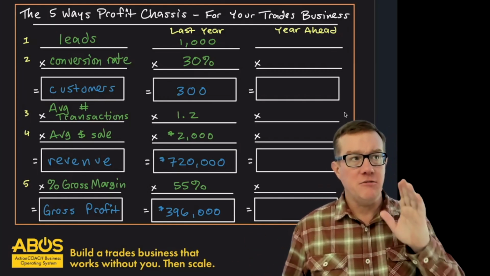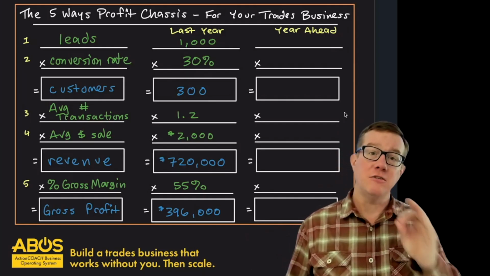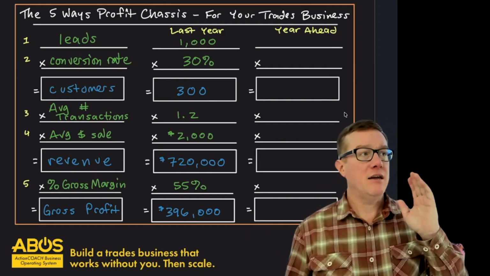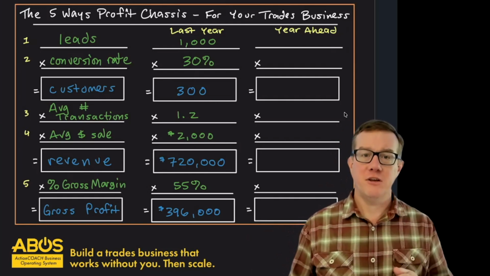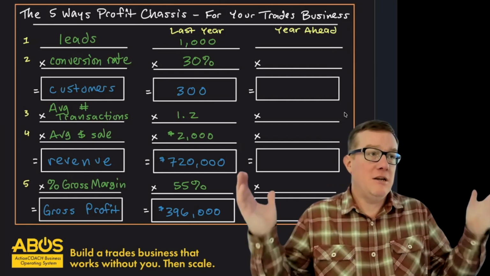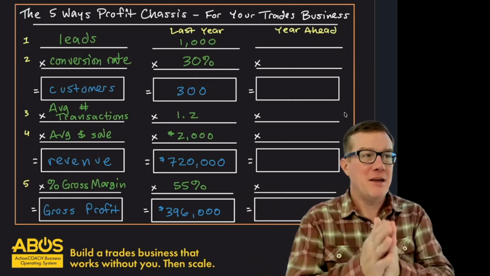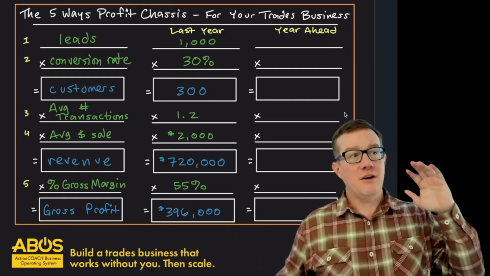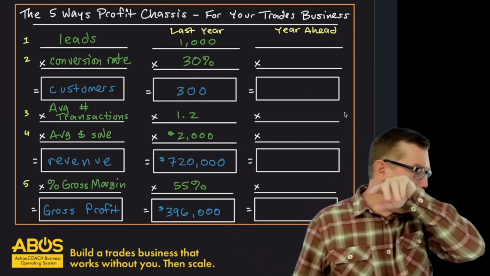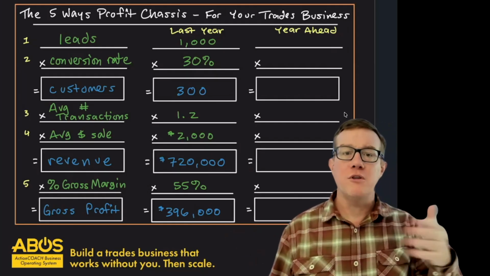Last year, this business had 1,000 leads in the year, and their salesmanship closed 30% of those leads, which means the math's pretty easy there, right? They had 300 customers across the year. Now, some of those customers did business with them more than once in the year.